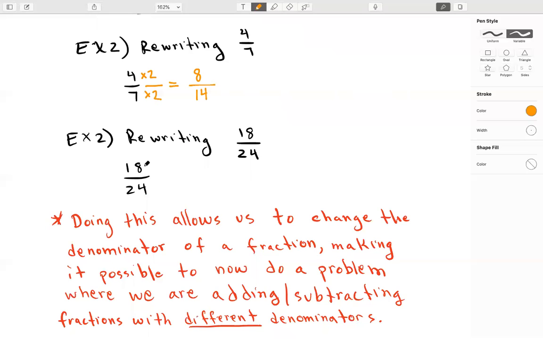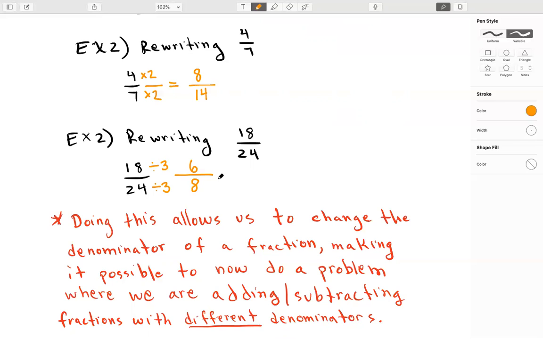Well, you can divide the numerator by 3, and you can also divide the denominator by 3, and then you get 6/8. And that's also equivalent to this fraction over here, 18/24.